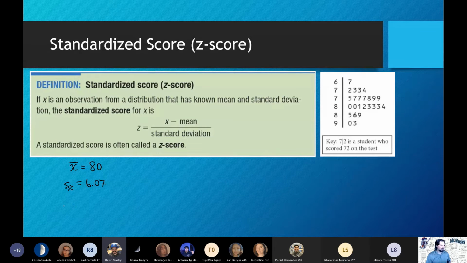So then our z-score for the observation of 86 will be 86 minus 80, divided by 6.07, which will be 6 over 6.07, which from previous calculations gets us approximately 0.99.